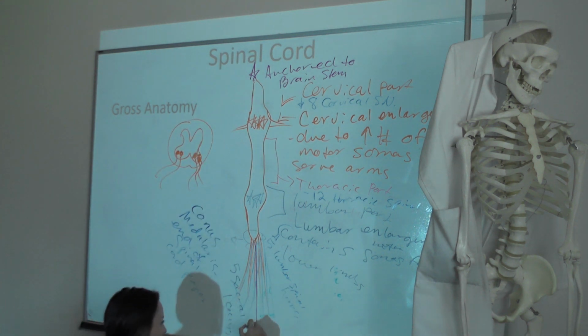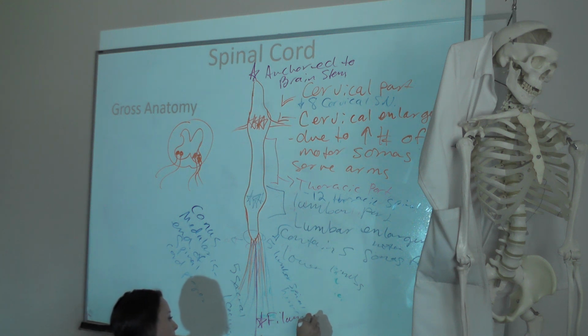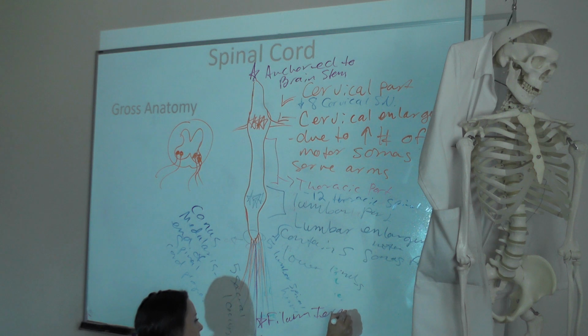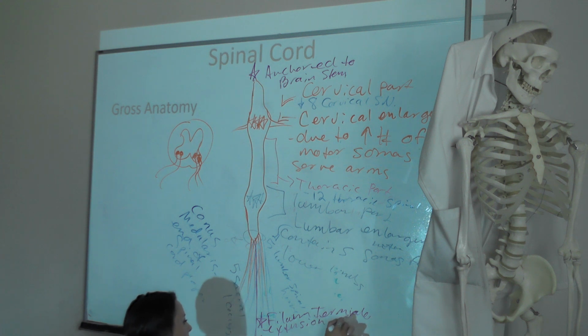So I will write that. So we could say this is called the filum terminale. And this is an extension of pia mater that anchors the spinal cord inferiorly.